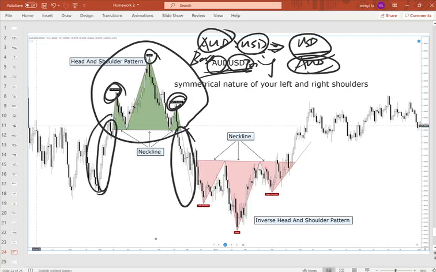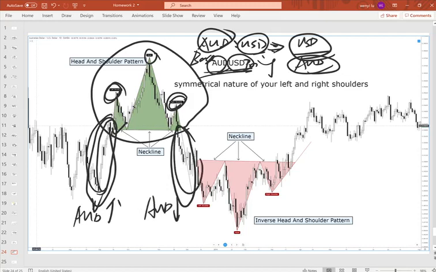From here to right here, for one Australian dollar you get more US dollars, so for this part the Australian dollar appreciates. But for this part, the Australian dollar continues to depreciate.